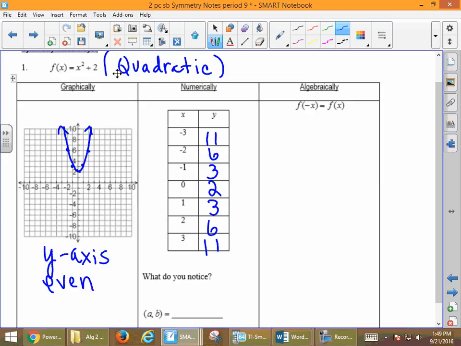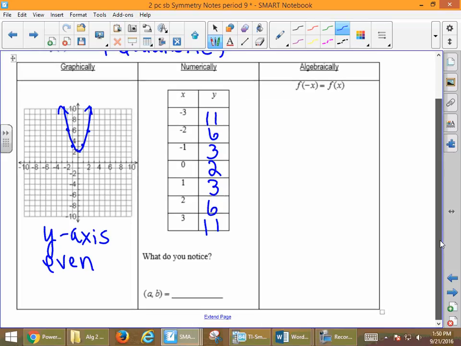When we come over here and look at the table, it says, what do you notice? Well, if something is even, that means if our point (a, b) is on the graph, then the point (negative a, b) is also on the graph. If you look at this, we have negative 3, 11, and then positive 3, 11.